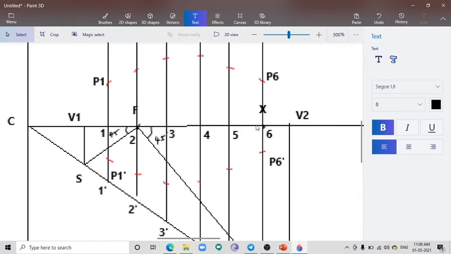Okay, so after identifying all the points, we have to join all the points through vertex V1 and V2.